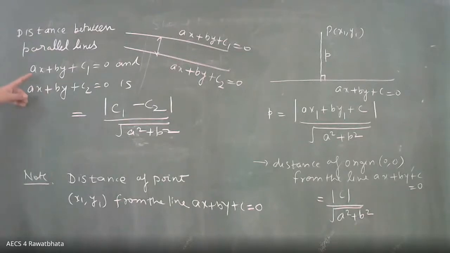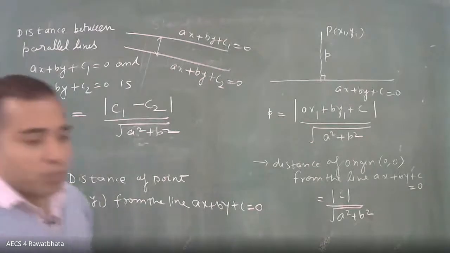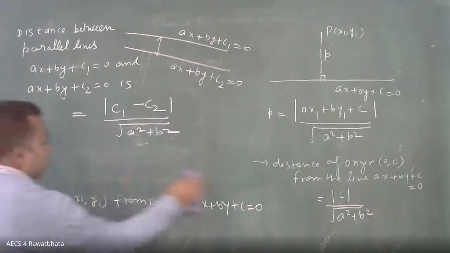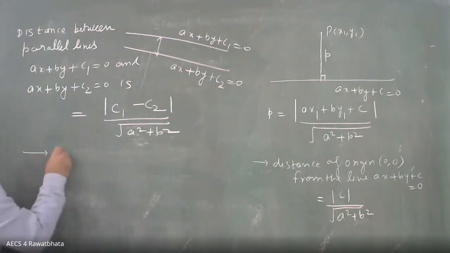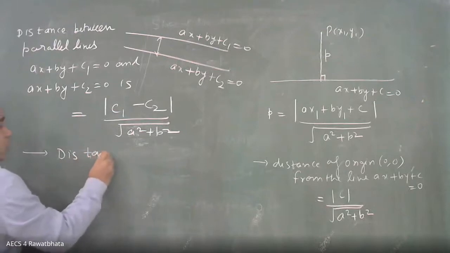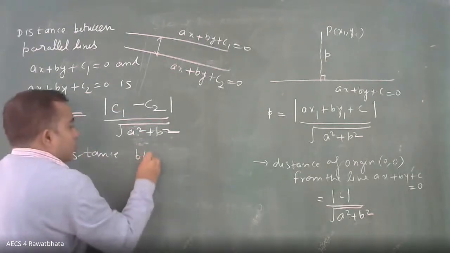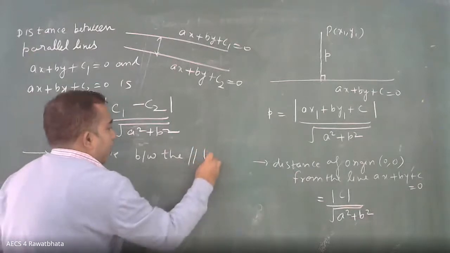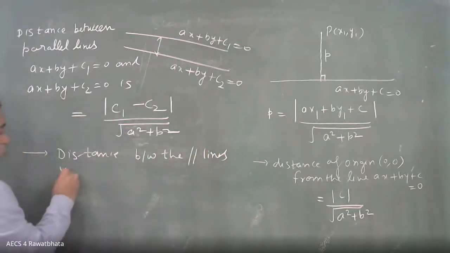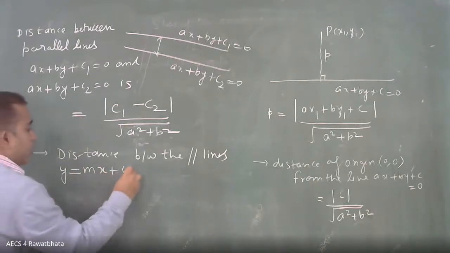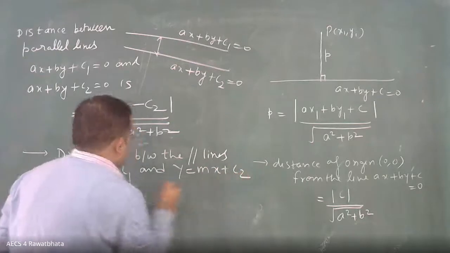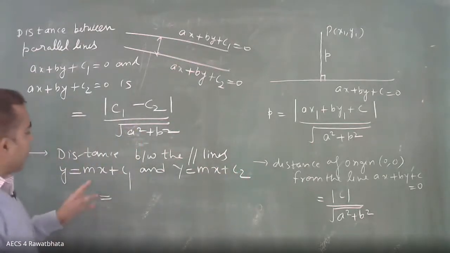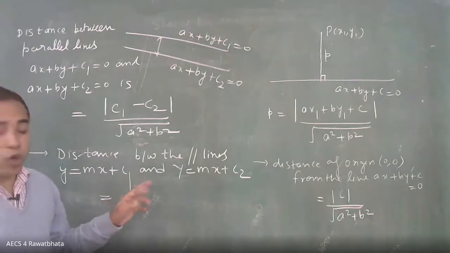Remember, parallel lines means the x and y multipliers should be the same in both lines. Or suppose the formula is given in terms of y equal to mx plus c, then this also changes. So the distance between the parallel lines y equal to mx plus c1 and y equal to mx plus c2: suppose the equations are given in slope intercept form.